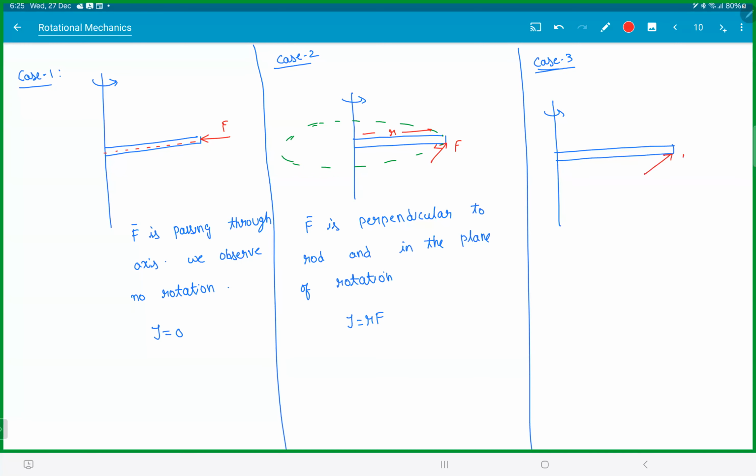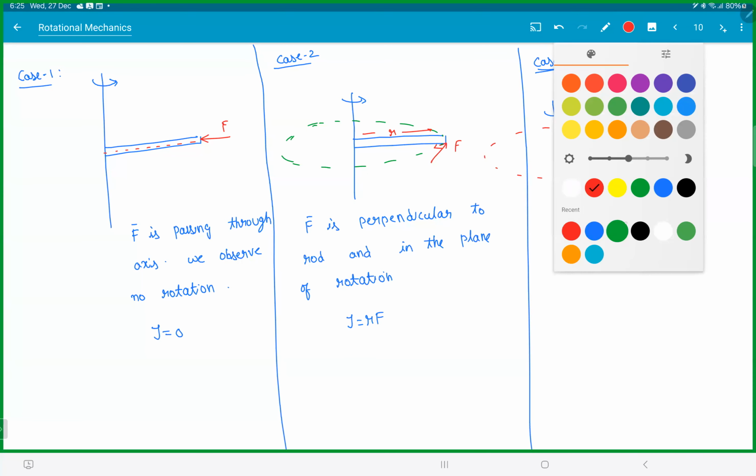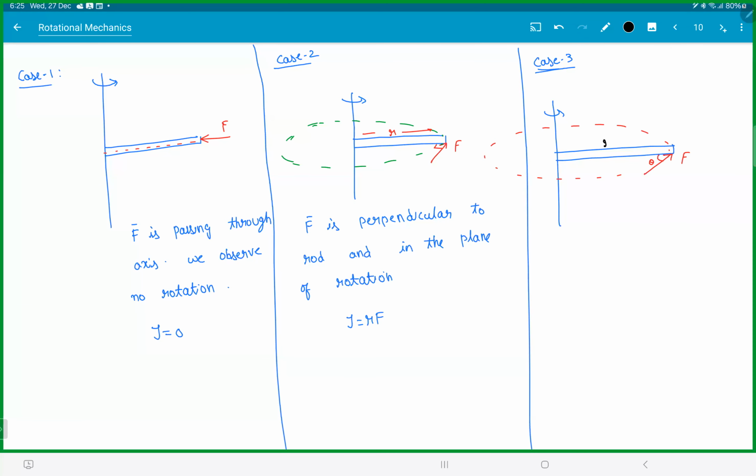The force F is at an angle theta, and this is your R bar. You can clearly see here, you can resolve F into two components. F bar is at an angle theta to the rod and in the plane of rotation.